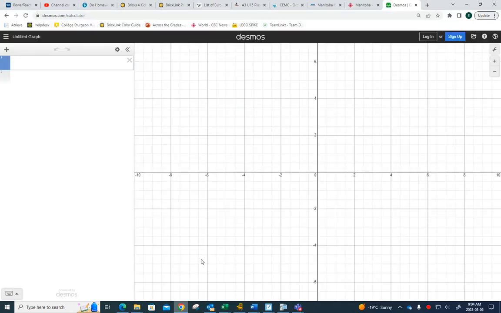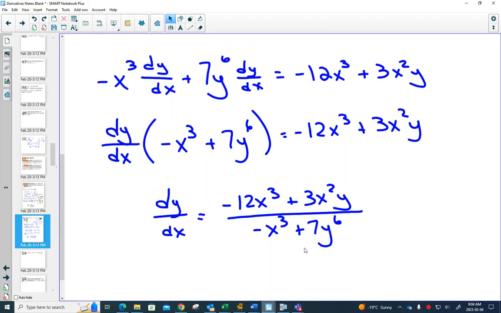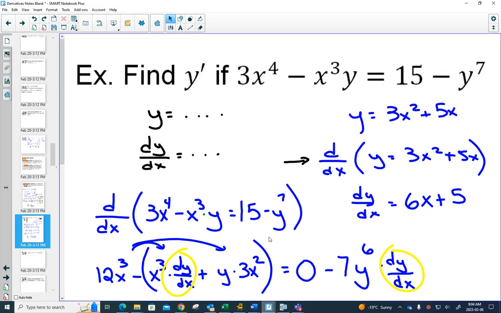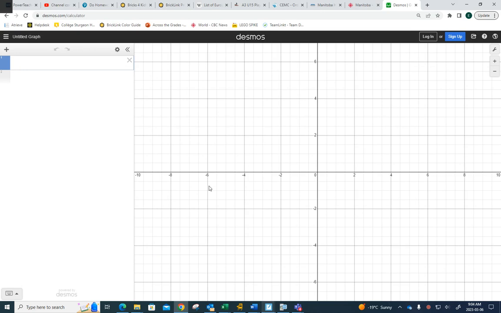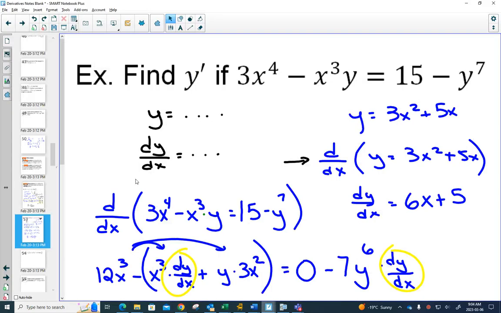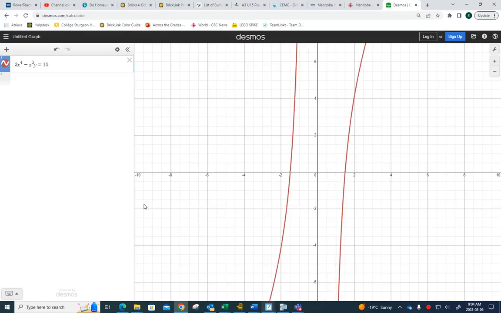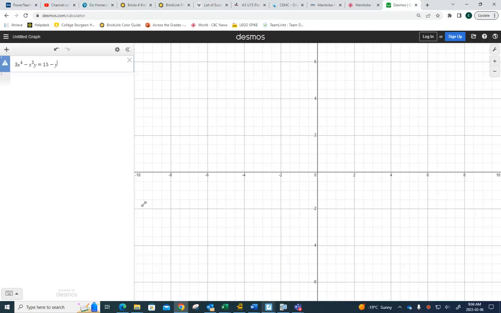We are going to type in this original equation that we had to see what this graph looks like. 3x to the 4 minus x cubed y minus y squared. I hope it's at least a little bit exciting. Y to the 7, was it? Yes. That's a cool looking graph, right?